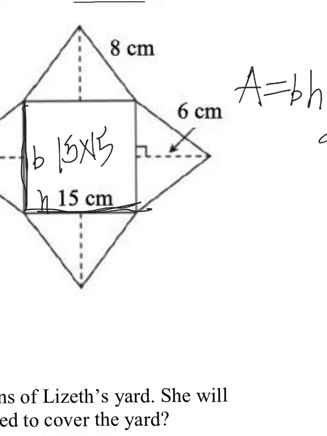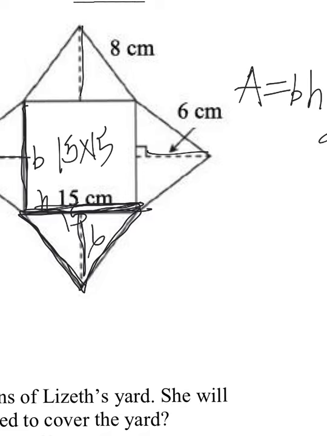The area of one triangle, which will then multiply by 4, the base being 15, and the height, the same as the height of all the triangles, is going to be 6. So the area of the triangle is equal to 1/2 the base times the height.